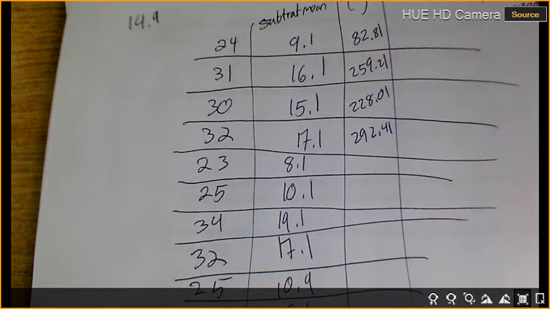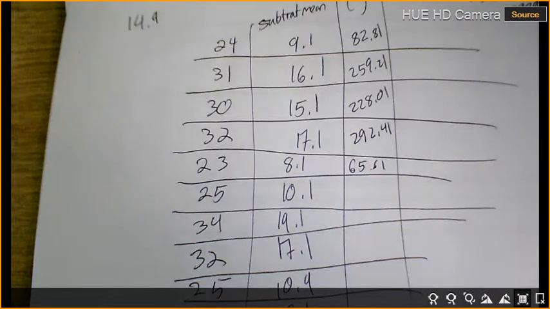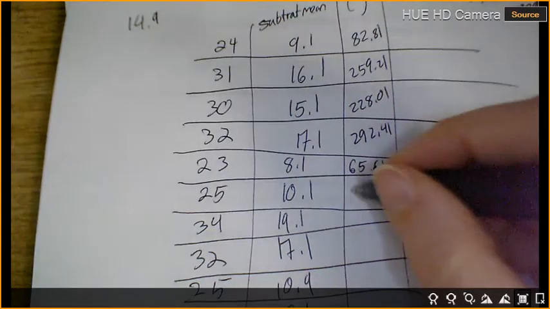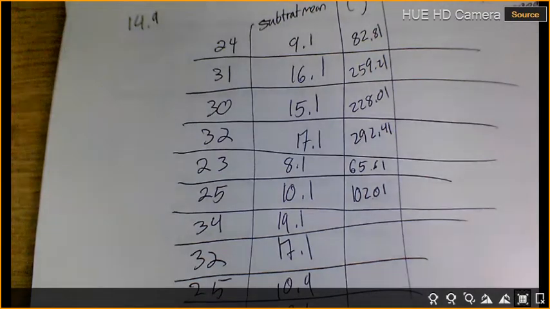8.1 squared gives us 65.61. 10.1 squared gives me 102.01. 19.1 squared gives me 364.81.